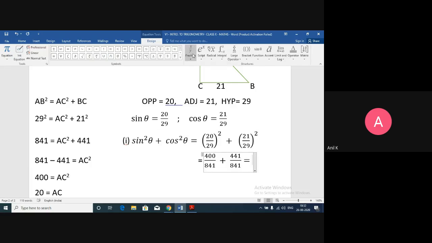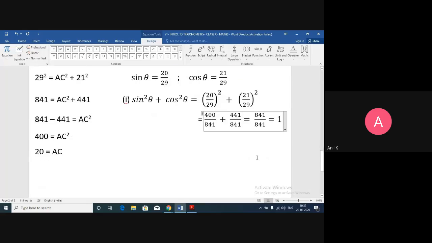If I take the LCM, it is 841. In the numerator you get 400 plus 441, which is 841. So 841 upon 841 is 1. Sine square theta plus cos square theta value is 1.